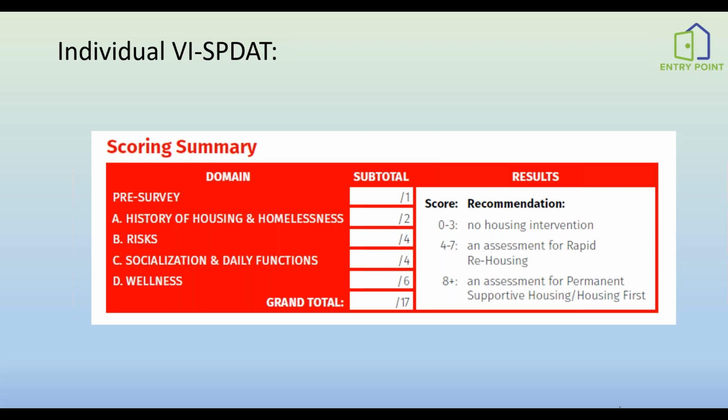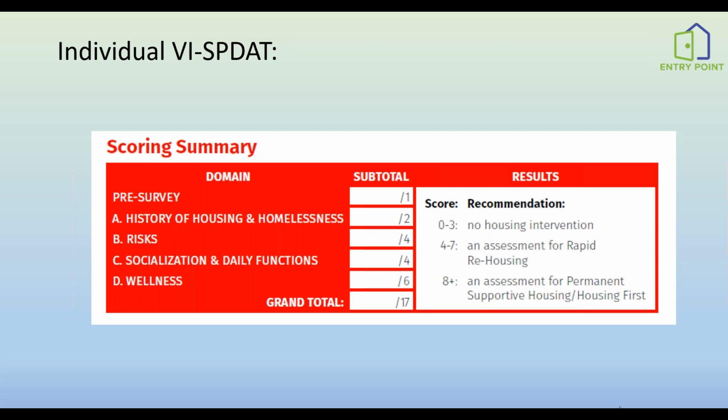So if you tell your client, wow, you got an 8, that means you're getting permanent supportive housing, you're setting yourself and this client up for a lot of disappointment and stress, because that is just not a helpful way to think about how we prioritize people in our system.